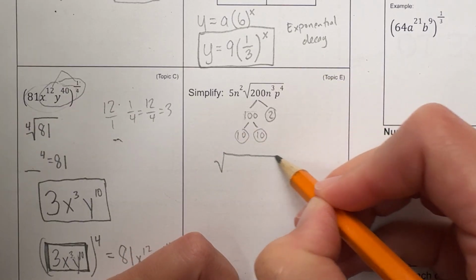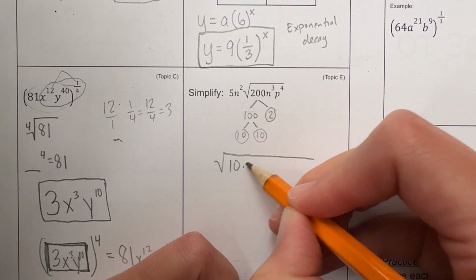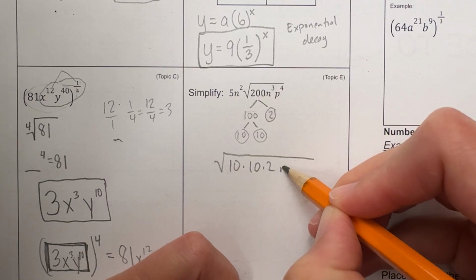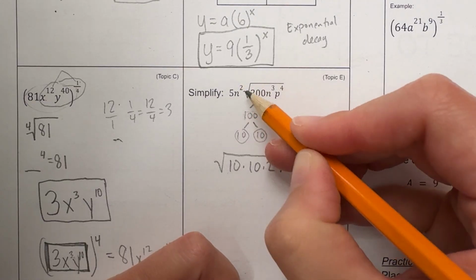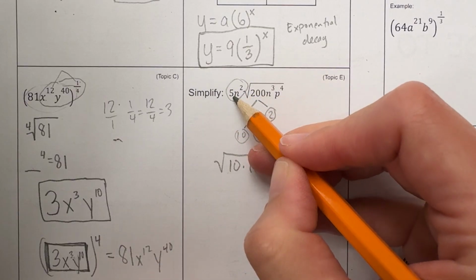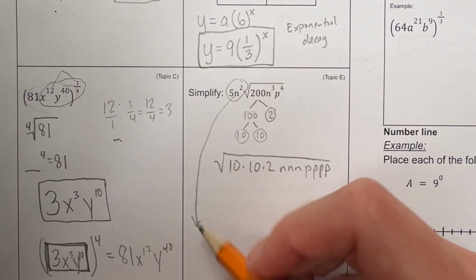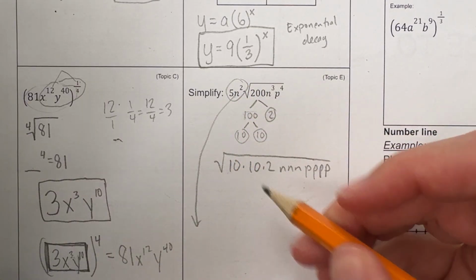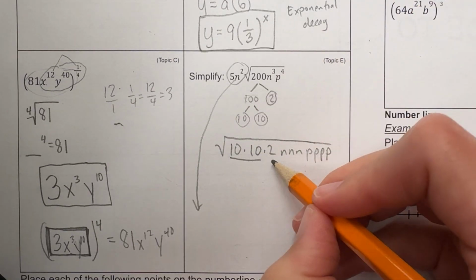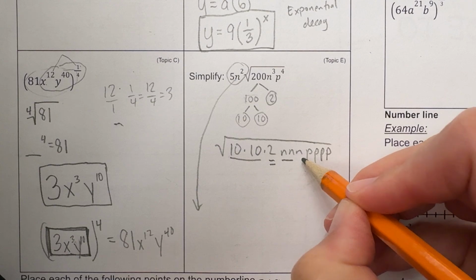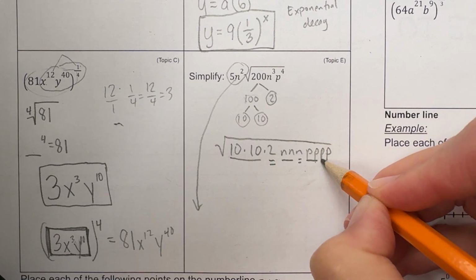So then when I go to factor this out, I have a 10, a 2, 3 n's, and 4 p's. And in terms of this number on the outside, the 5n squared, what I want to do is just not forget it for right now. I'm just going to draw an arrow. I'll come back to it. Okay, I'm looking for doubles. So this is a double 10, single 2, double n, single n, double p.